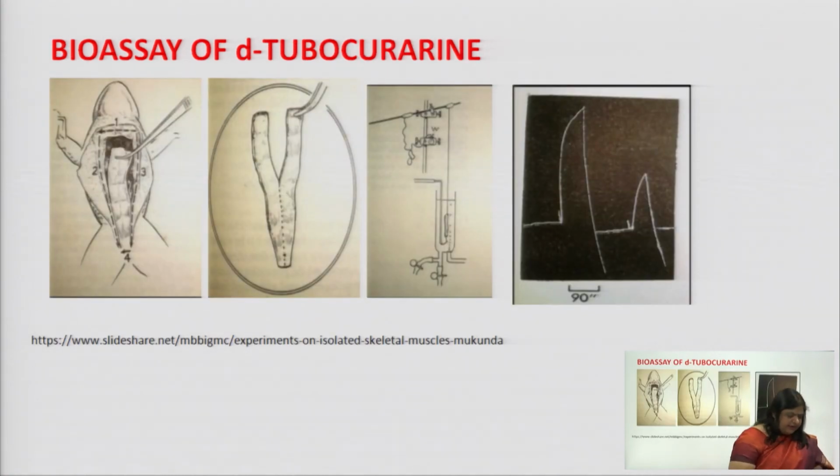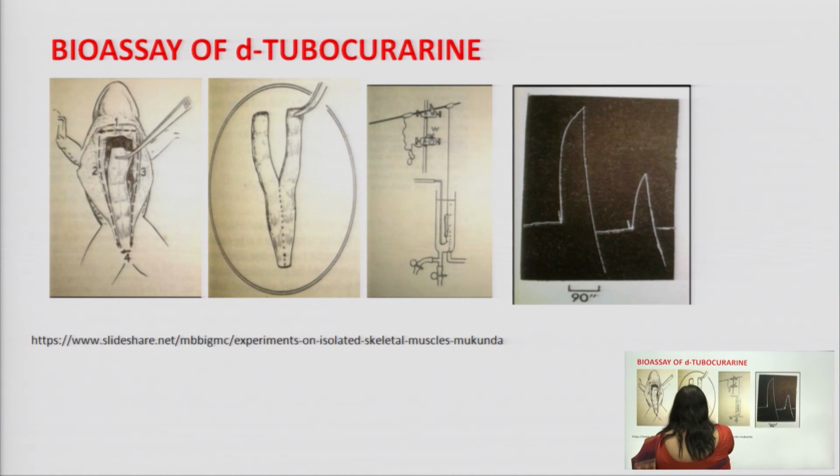You can see here in the diagram what I have shown: this is your frog rectus abdominis muscle. You cut it into 2. So from one frog you get 2 samples. Then you put it into this organ bath. This is your lever, it will record the responses. When you add the drug, it will produce contractions. This is how the contractions will be produced.